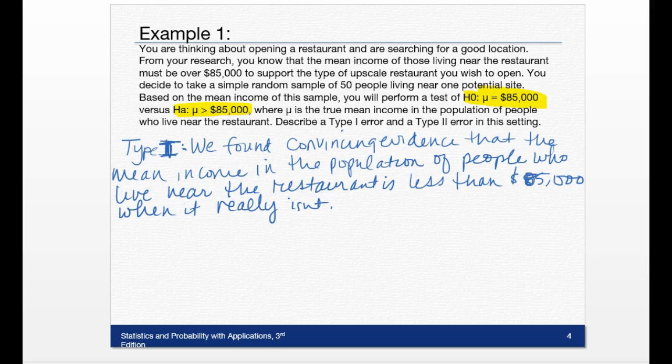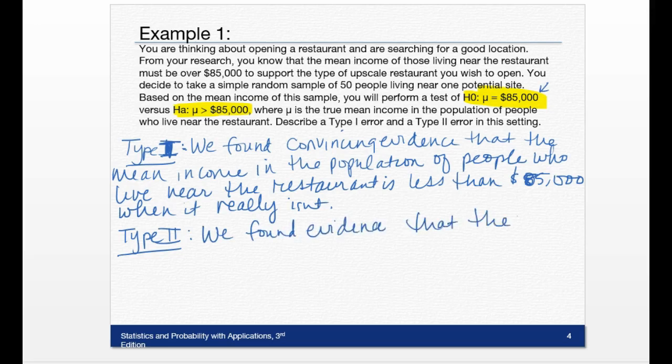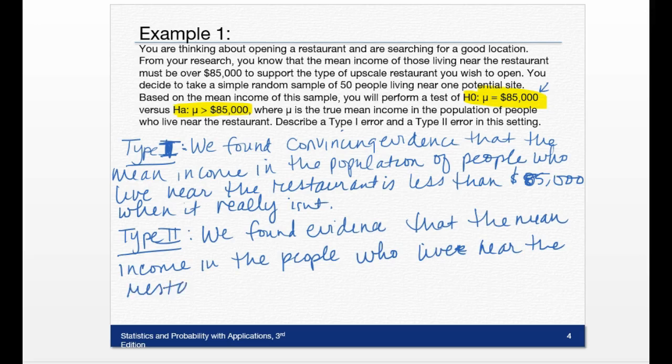Okay? So now a type 2, the opposite. Type 2 is when you failed to reject the null. So we found evidence that the mean income in the population of people who live near the restaurant is 85,000.